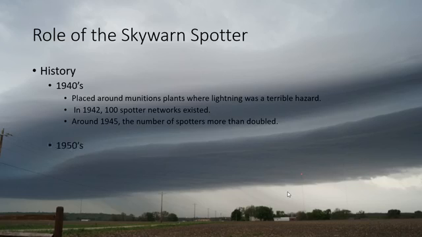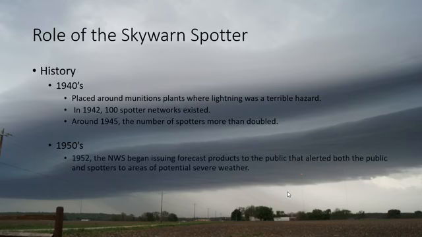In the 1950s, let's take a look here. In 1952, the NWS, the National Weather Service, began issuing forecast products to the public that alerted both the public and spotters to areas of potential severe weather, which is actually pretty good.